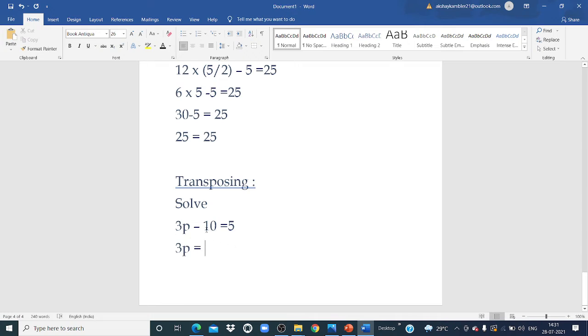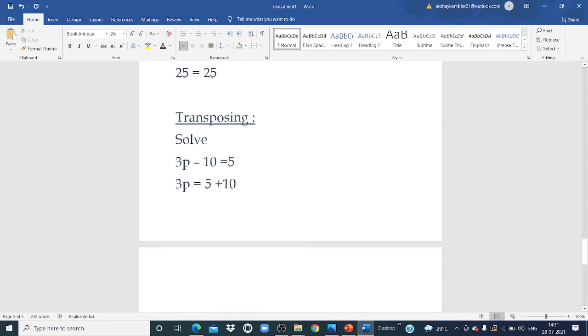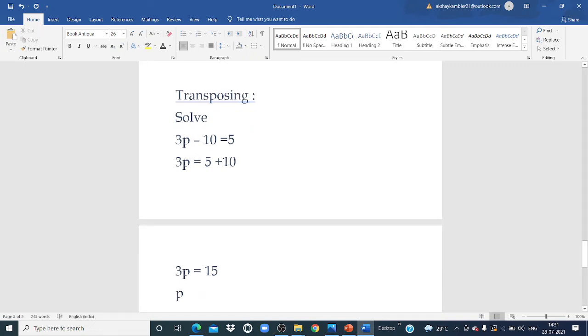Here the sign of 10 is negative. So what do we have to do? 5 plus 10. Am I clear? So 3p is equal to 15. So what is again the value of p? Now we have 15.